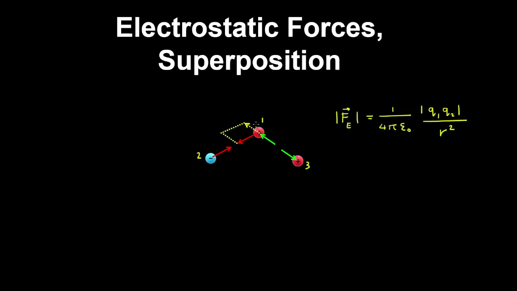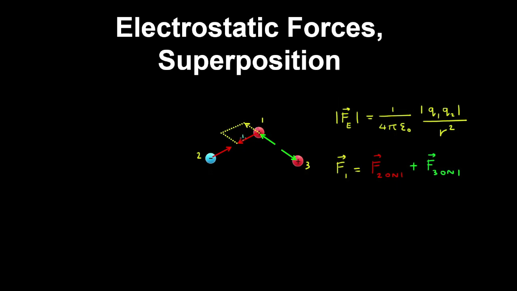The net electrostatic force on a single charge can be obtained using the method of superposition, so effectively summing the force vectors together using vector addition. So the net electrostatic force on charge 1 is equal to the force exerted by charge 2 on charge 1 plus the electrostatic force exerted by 3 on 1.